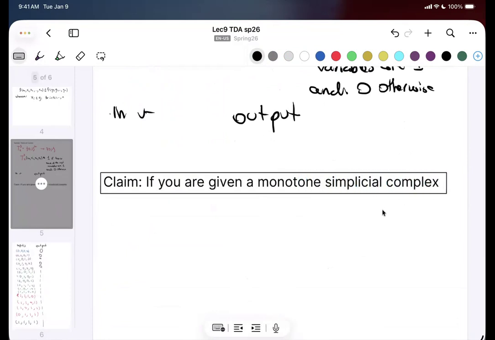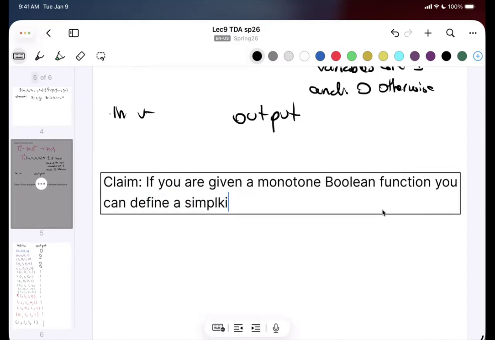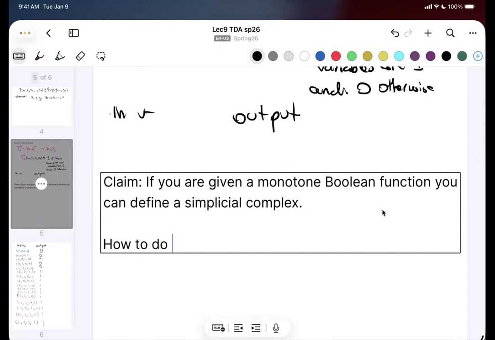So my claim is that if you're given a monotone Boolean function, you can define a simplicial complex. So how do you do this?